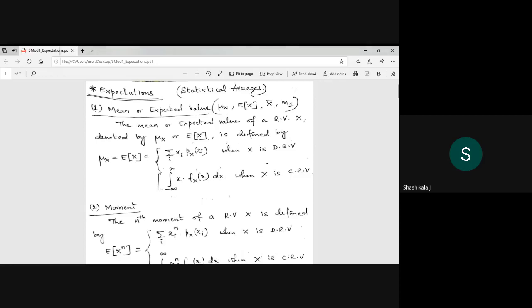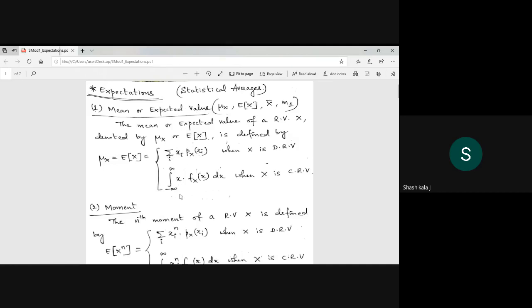Okay. So now it is the mean or expected value. The mean or expected value of a random variable X is denoted by mu x or E of x. E of x, it is important, is sigma of xi for a discrete random variable, sigma of xi into probability of xi, and for a continuous random variable it is integration of x into f of x. Somewhere in the derivation in the problems we have all used this term.